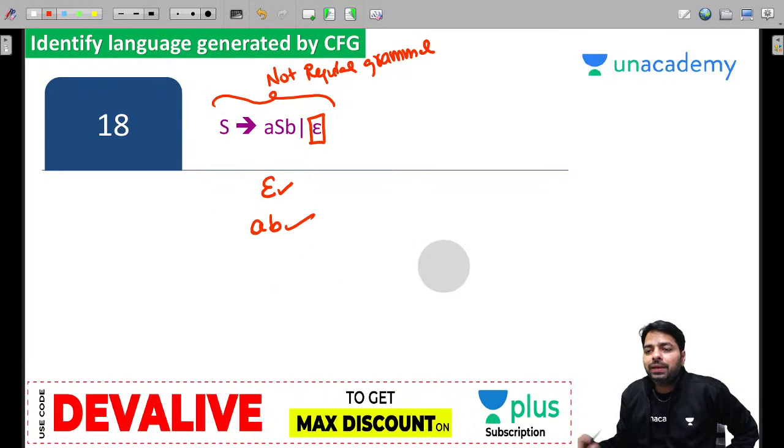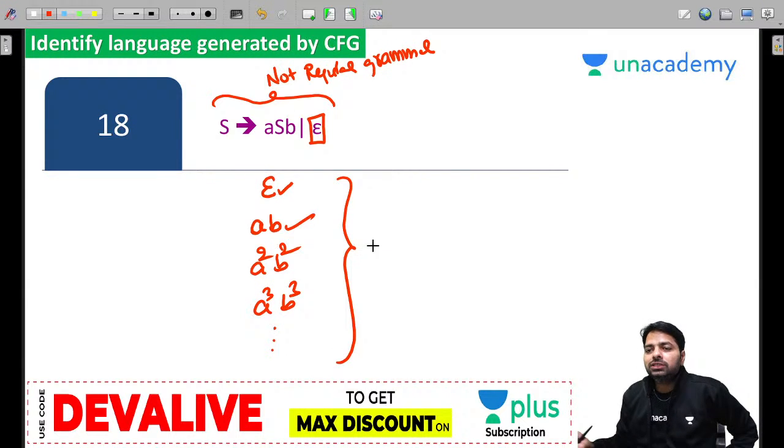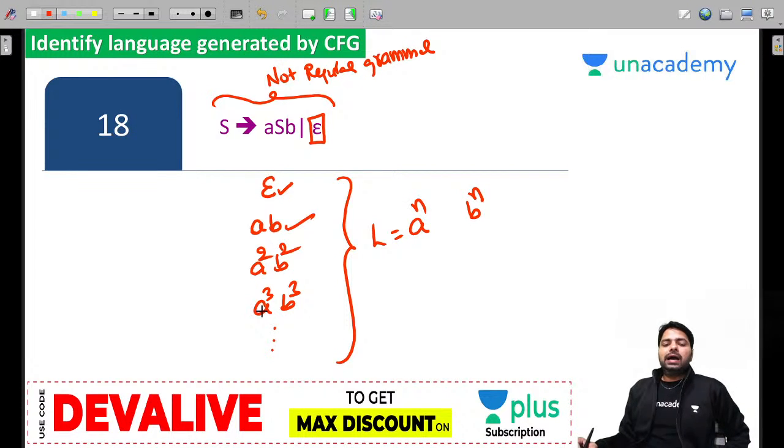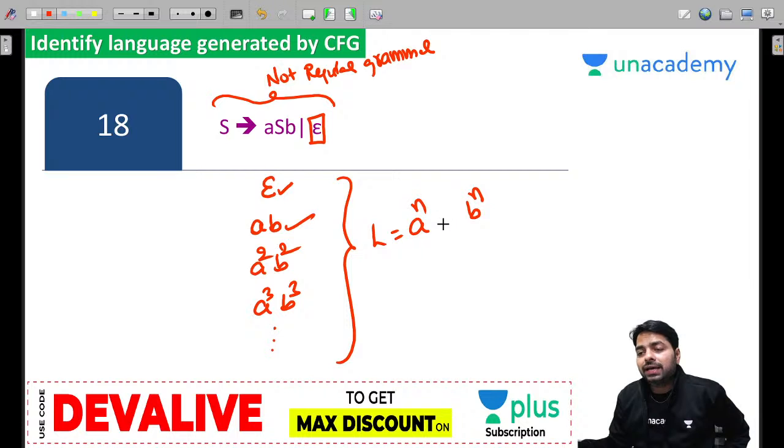So double A double B, that's called A square B square, and next A power 3 B power 3 and so on. If you look at the language, L is equal to A power n B power n.